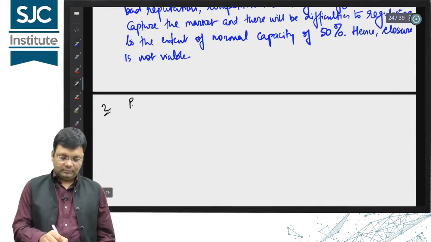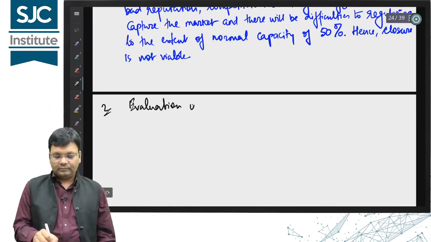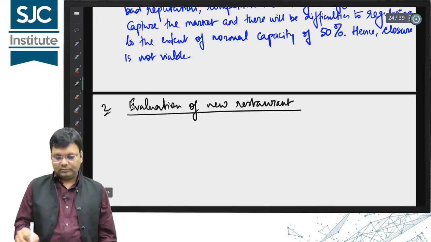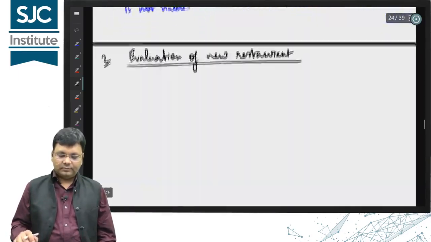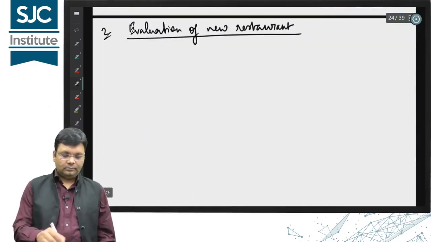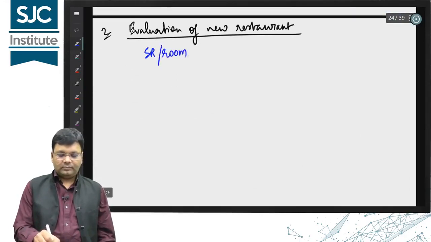Second, evaluation of new restaurant. So for that we need data. So first is sales revenue per room day.